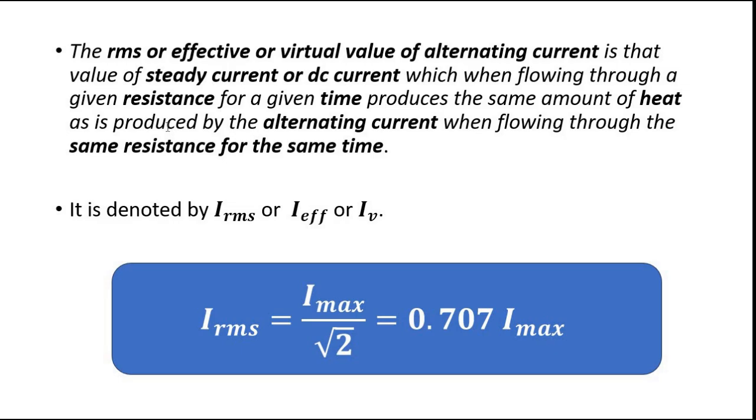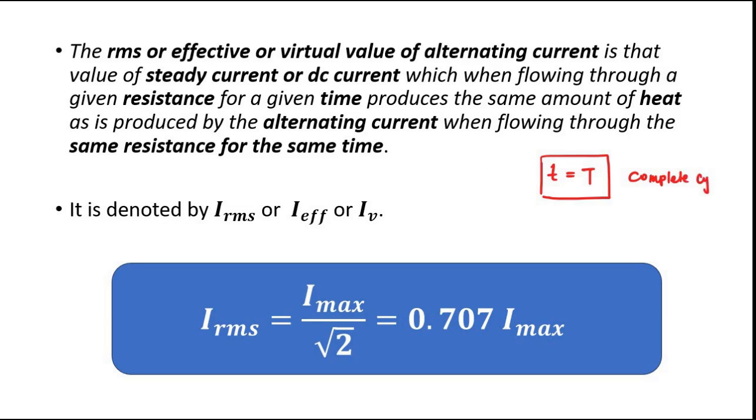It is that value of steady current or DC current which, when flowing through a given resistor for a certain period of time, produces the same amount of heat as is produced by the alternating current when flowing through the same resistance for the same time. Here the time taken is the total time period of the signal. The entire complete cycle is taken into consideration.